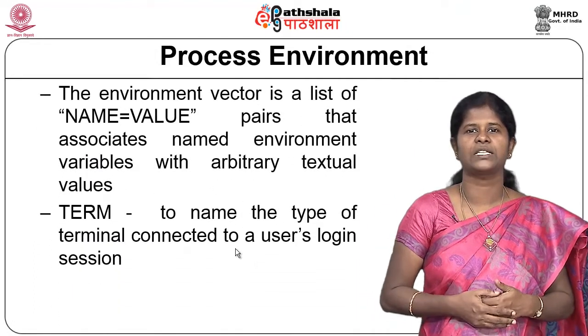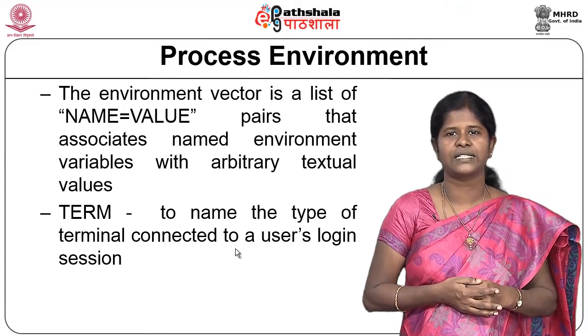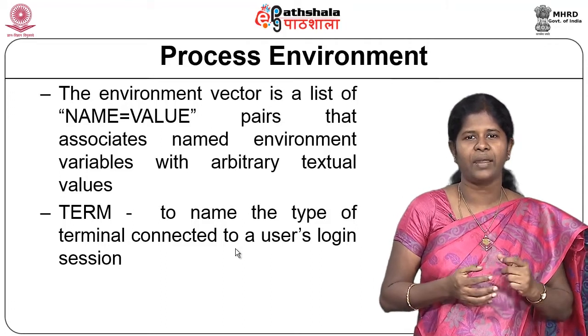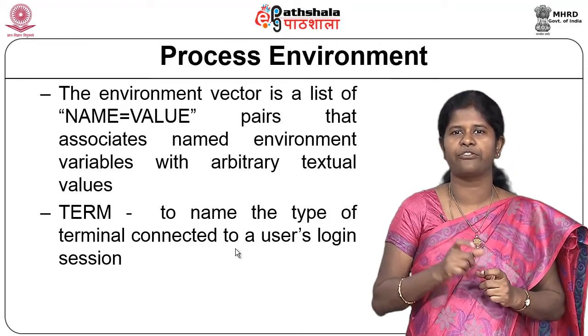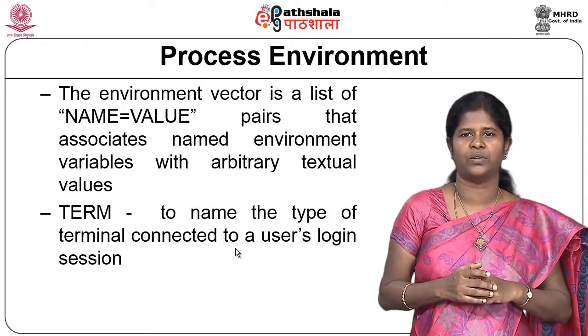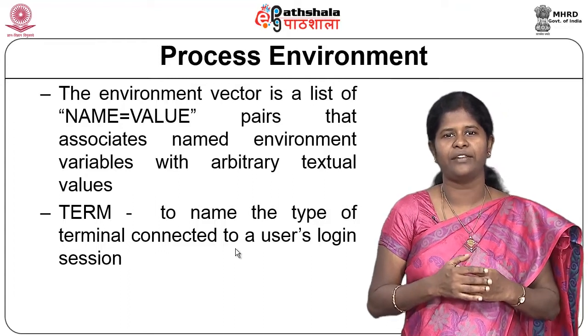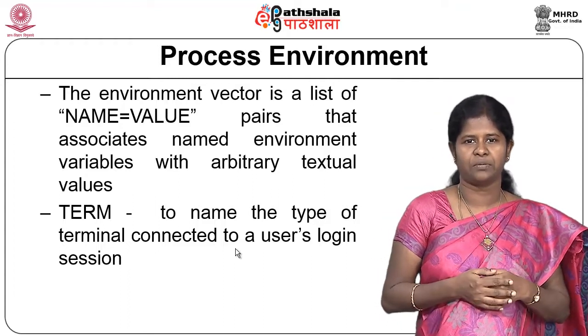And then we have the environment vector. The environment vector is nothing but a list of name equal to value pairs. You have a list of pairs, each pair of the form name=value, and these pairs define the different environment variables.